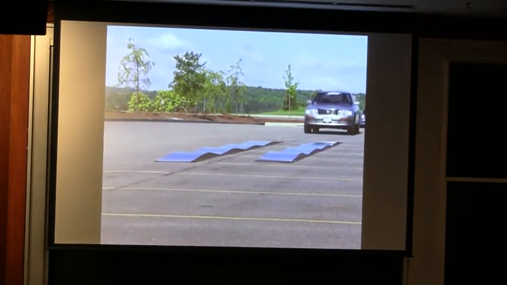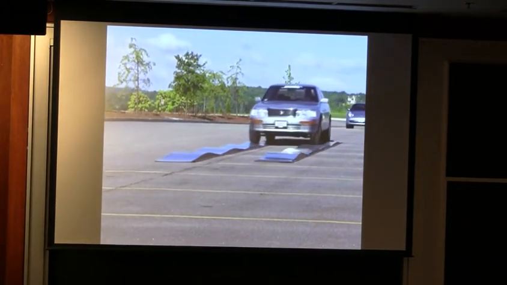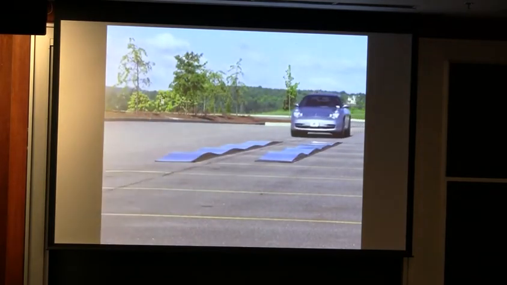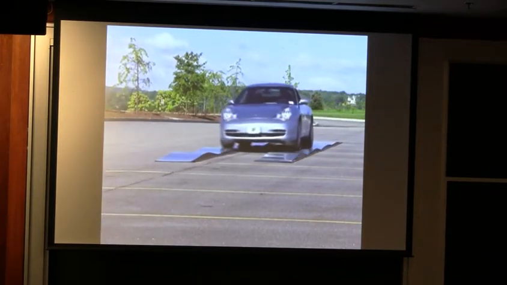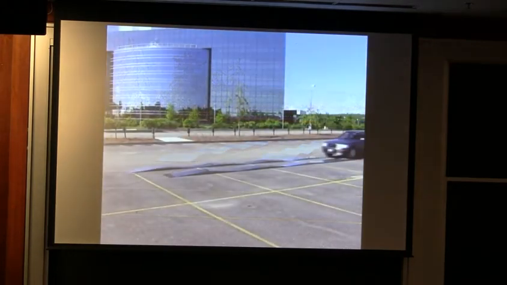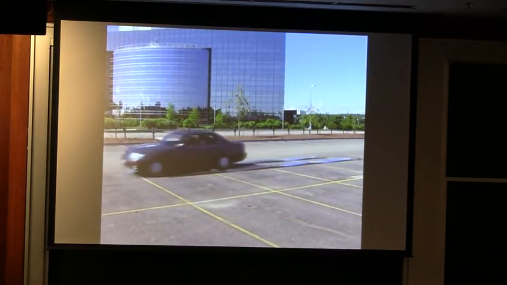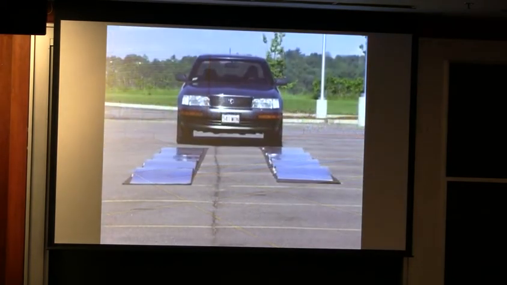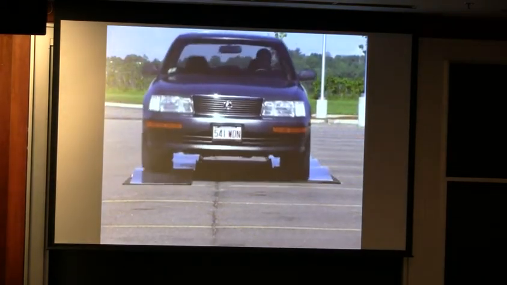Then, the Bose suspension vehicle. And finally, the sports car. This bump course illustrates what it's like to drive over a very bumpy road. You can imagine which vehicle is easiest to control over these bumps.